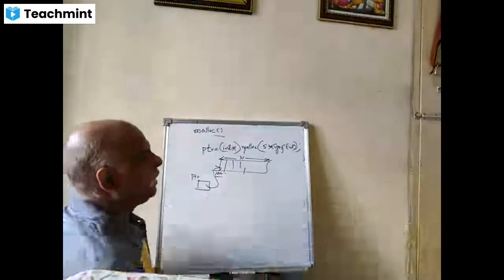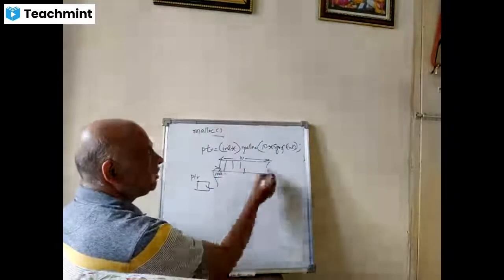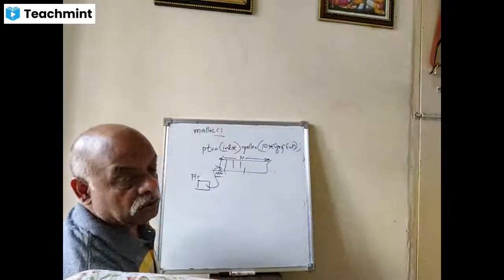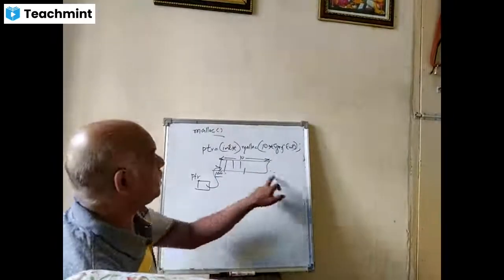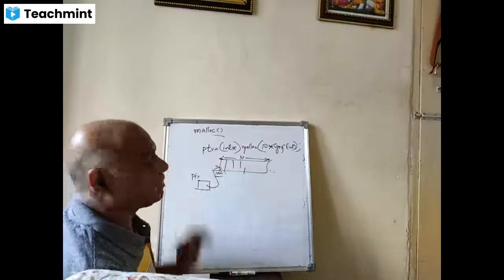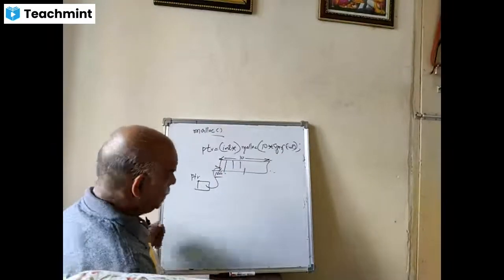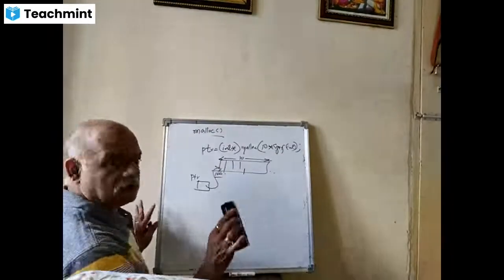Suppose if I write 10 here, what is the capacity of the block? 10 into 2, a 20 bytes block. All are integers. PTR points to the address of the first byte of the block. So this you have to remember. So that's all for malloc.